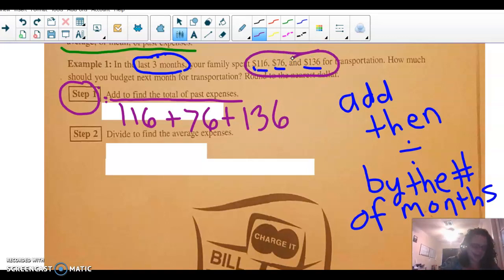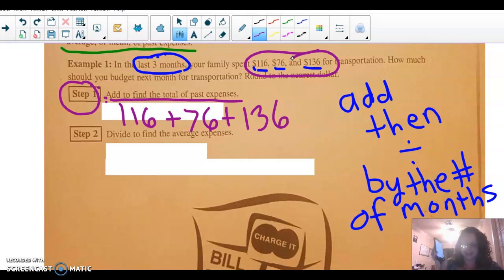To add them together, you can do it by hand if you like, or you can use a calculator. You can grab your phone and go to the calculator and add 116 plus 76 plus 136.